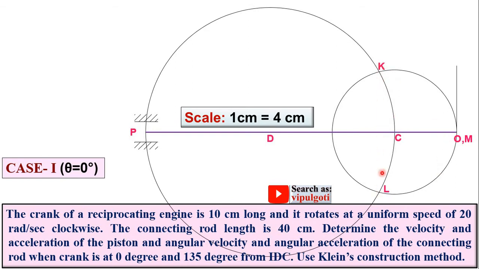Give the names as K and L. Join KL, which will cut the connecting rod. Give the name as Q, which also cuts the line of action of the piston at the same point. Give the name as N. So here C, Q, and O is the acceleration diagram.